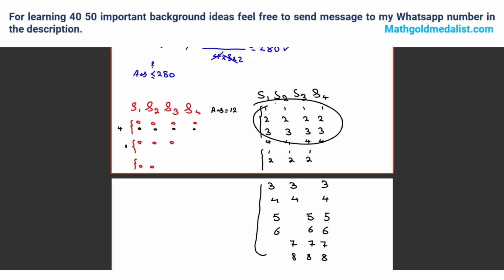For 4 elements, 4, and for 2 elements, if you consider this part 6, 7, 8, it's okay, right? So for 4 choose 4 we have 1 and we have 4 elements. For 4 choose 3 we have 2 elements, right? So it was 4 plus 8, 12, right?